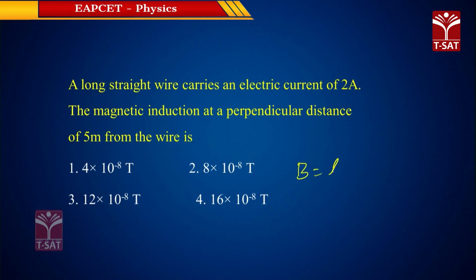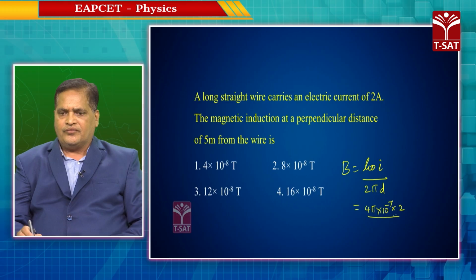B is equal to mu 0 I by 2 pi d, formula you apply. Mu 0 you know, what is the mu 0 value? 4 pi into 10 to the power minus 7 into, how much current is passing? 2 ampere current is passing.